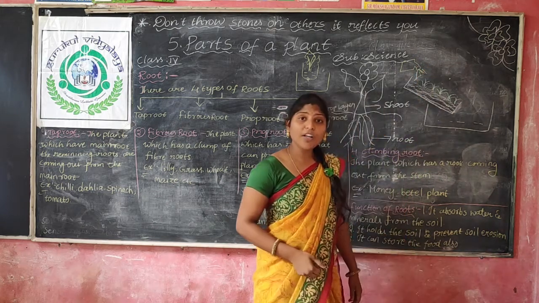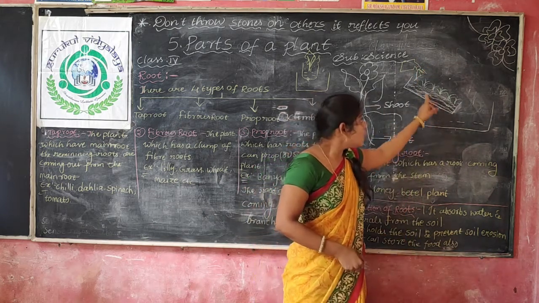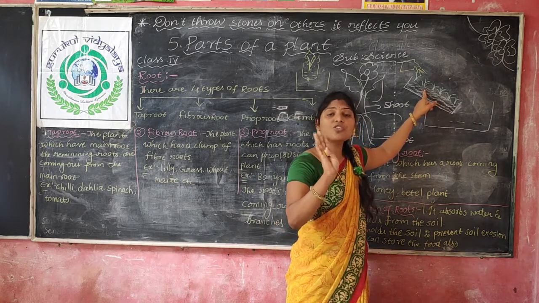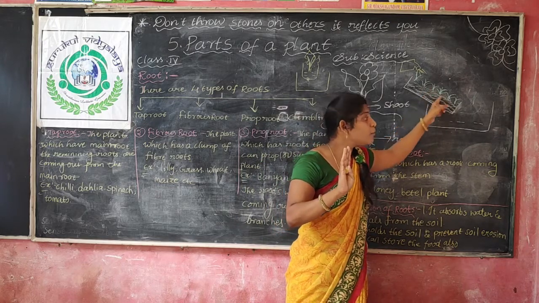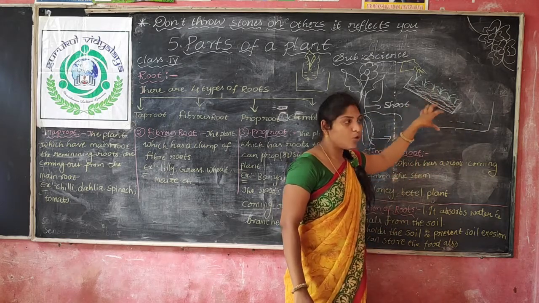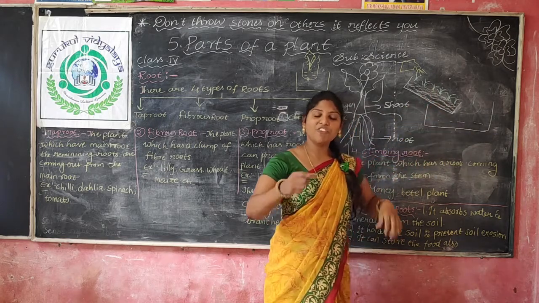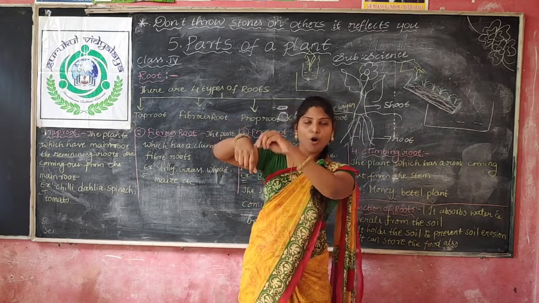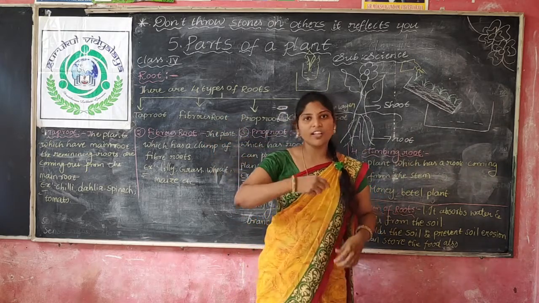When you are pouring water, what happens to the soil? Most of the soil won't come out of the grass. It will withstand. But without grass, if you pour some water on the soil, the soil will come out.